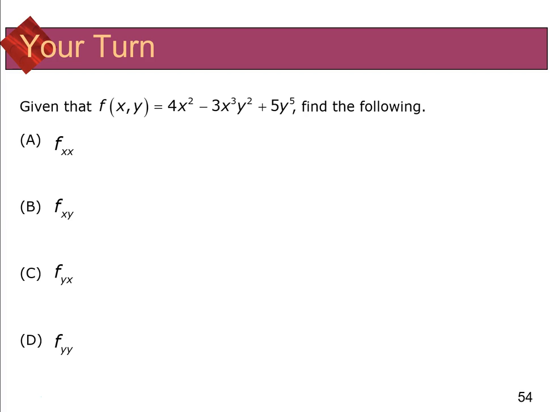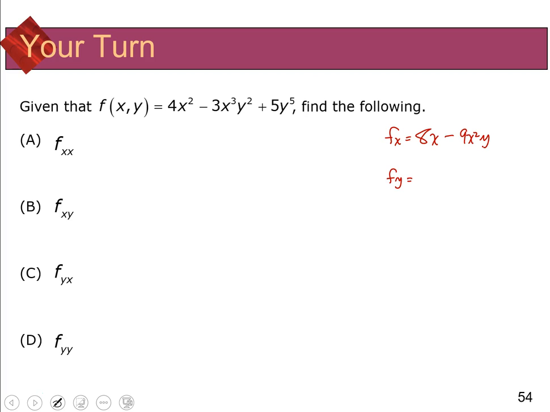Okay, so for me to go through these, before I get heavily involved with the rest of it, I'm going to first figure out what fx is, and fy. So when I do the derivative with respect to x, I'm going to end up with 8x minus 9x squared y squared, and the derivative of 5y to the 5th with respect to x is treated as a constant, so it's 0.